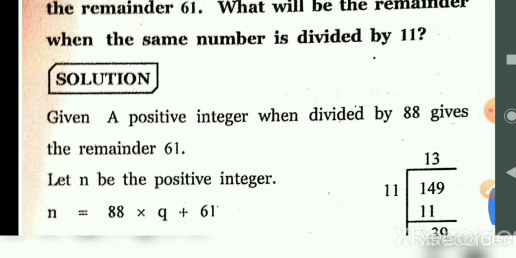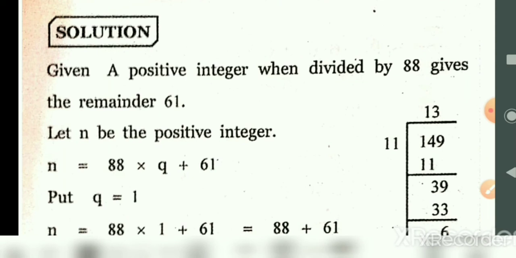So a positive integer when divided by 88 gives the remainder 61, by using Euclid's division algorithm.